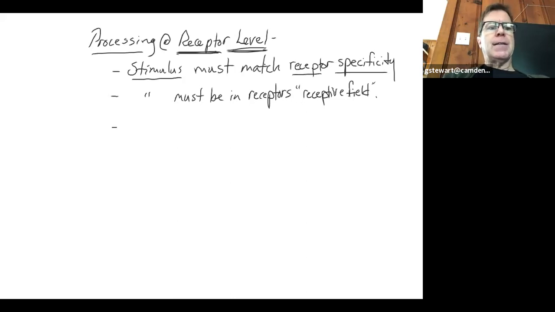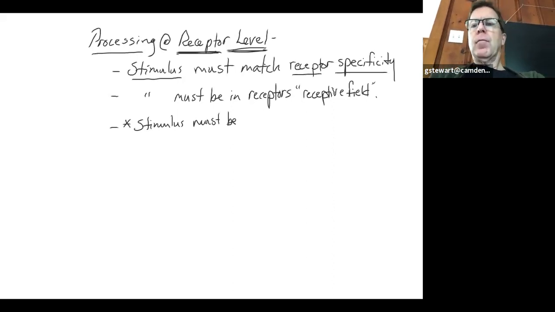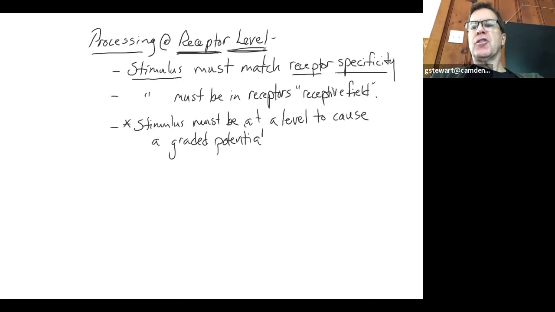The last thing is the stimulus energy must be converted to a graded potential. This is called transduction. So this is key. The stimulus must be at a level to cause a graded potential, a localized change in membrane polarity, in membrane charge.